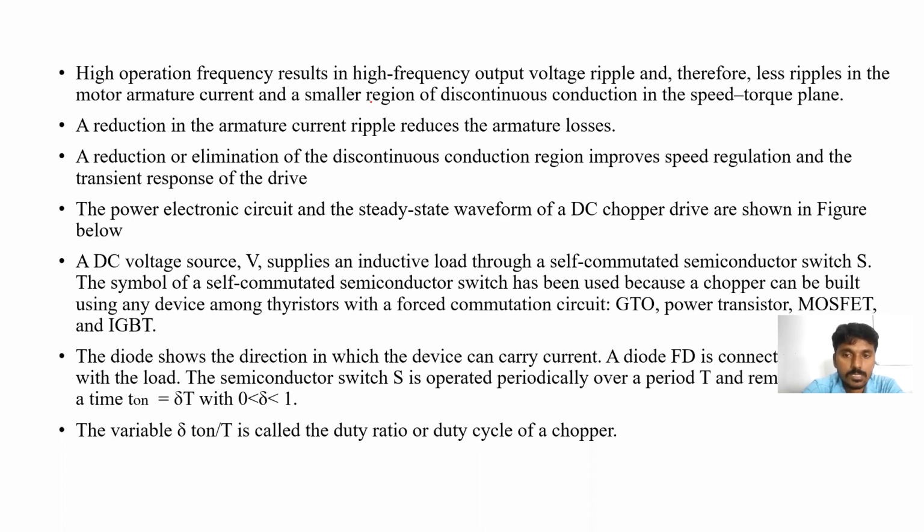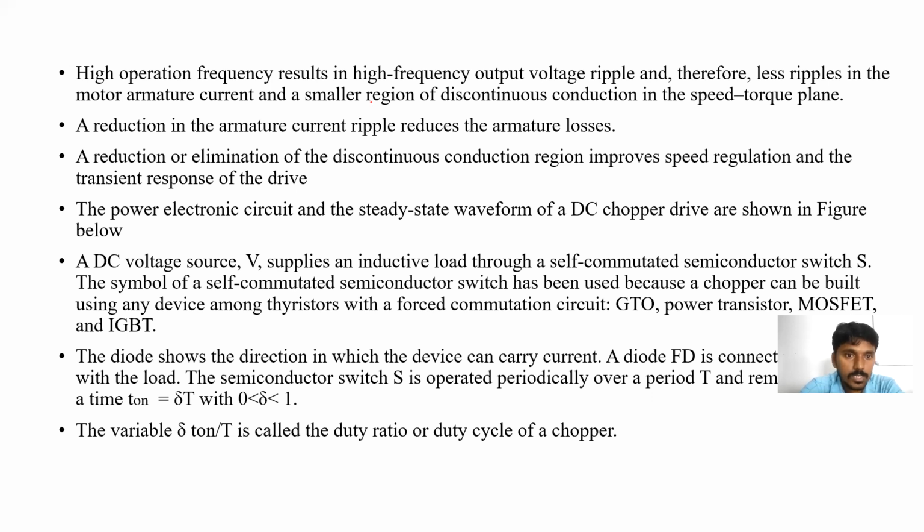So mostly we use choppers for controlling DC motors because of high efficiency and very little voltage ripple in the output voltage waveform. A reduction in the armature current ripple will reduce the armature losses also, and due to this reduction of armature losses, the efficiency will be increased.